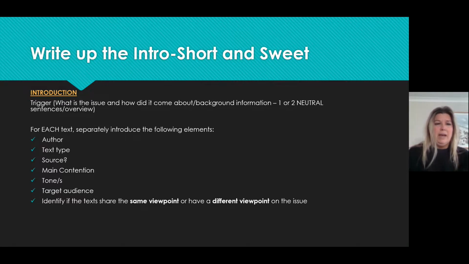Some of the things that you may include about your text: obviously the author's name, their text type, perhaps the source, if it is relevant, where it's come from. Again, you can get this from your background information. What's their main contention, their tone, target audience, and then identify if the texts share the same viewpoint or have a different viewpoint.